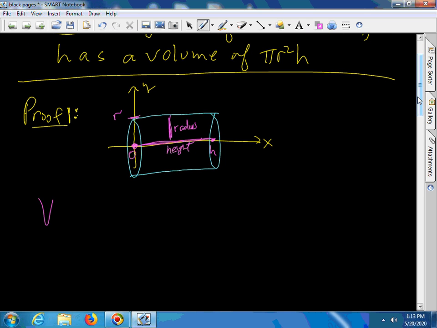So let us find the volume by integrating. So basically, we have this slab that we're going to rotate around our x-axis, and that distance is a delta x.